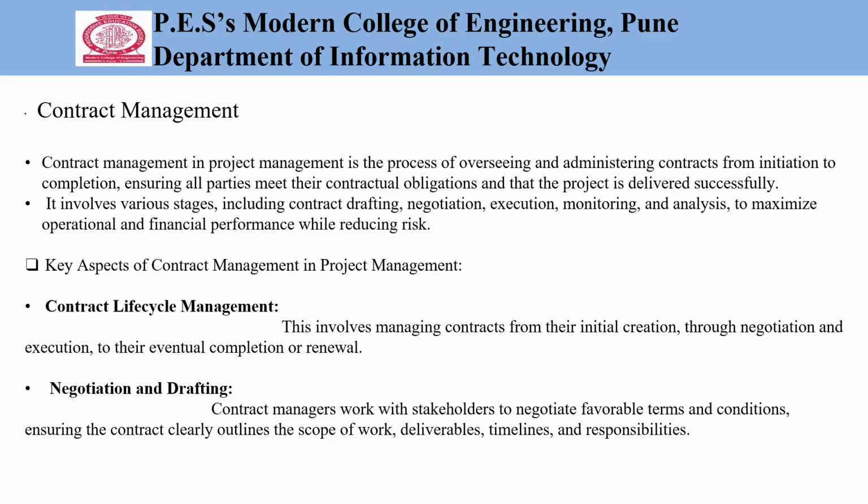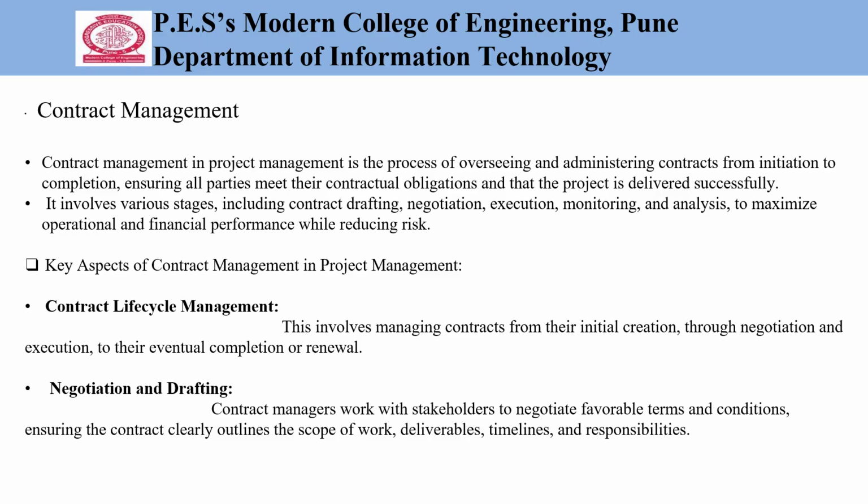Whatever projects are delivered or executed will be analyzed and completed within the given execution time or deadline. Again, to maximize operational and financial performance. Obviously, projects always need some budgets, so it relates to financial performance, while reducing the risk. Because when we are doing projects, we face some problems related to risk, so we need to minimize that risk.